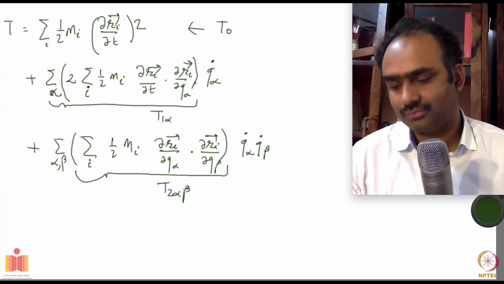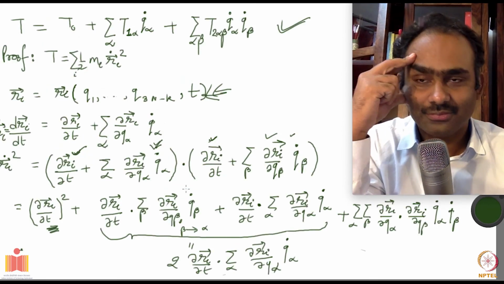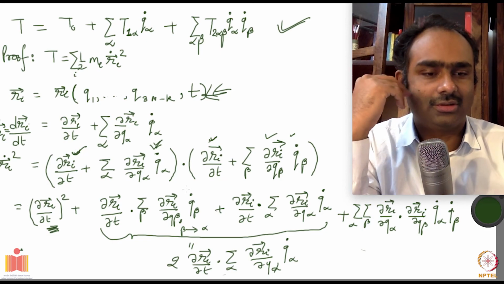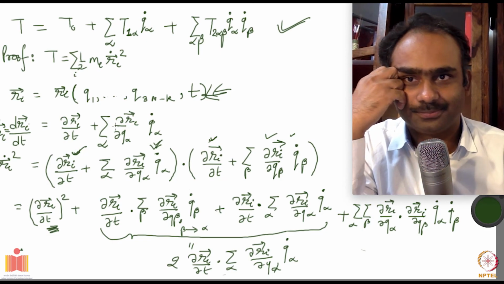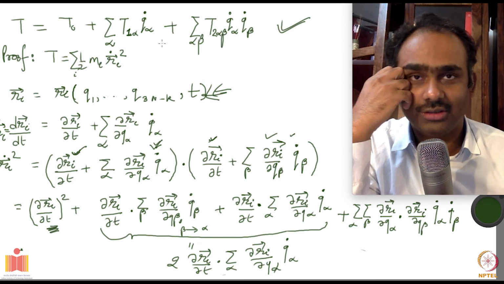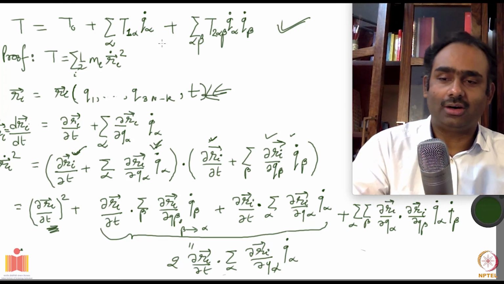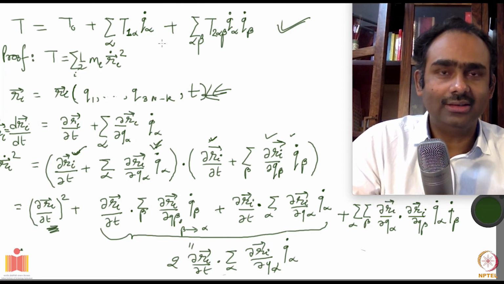Yes. Okay, so I have proved what I was claiming, that you have all kinds of terms here, and note that these coefficients T1 alpha and T2 alpha beta and T naught, they depend on generalized coordinates and time in general.